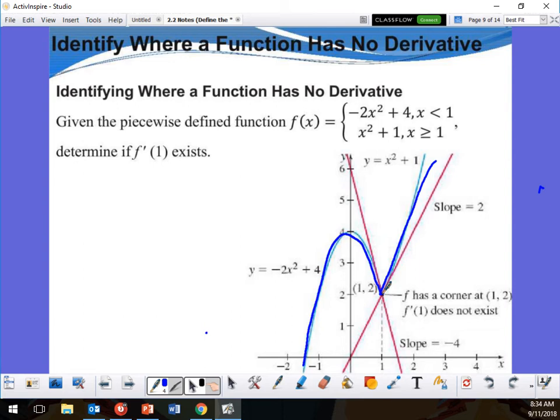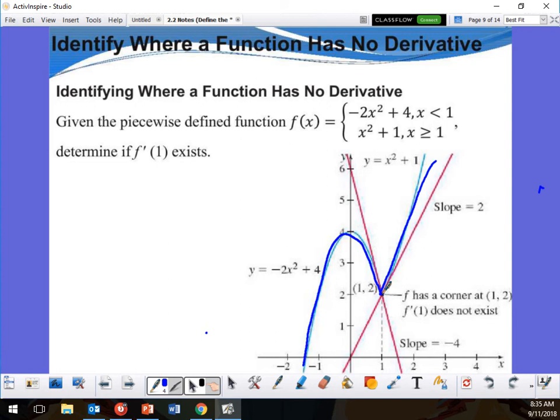If we're referring to this, and it asks what type of discontinuity or what reason I can't take a derivative there, I would say that this is a corner. At a corner, it turns a corner. We can't get a derivative there. That's one of the rules. You cannot take a derivative at that pointy point at the corner.